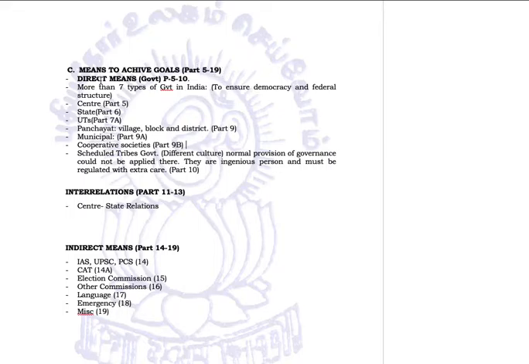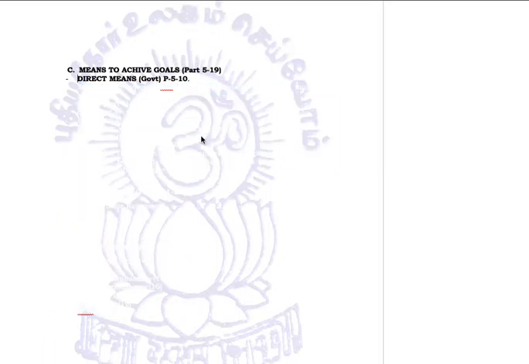First is direct means and the other one is indirect means. I'll go to them one by one. First, out of part 5 to 19, part 5 to 10 talk about the direct means to achieve those goals.